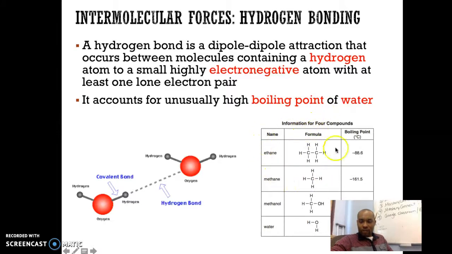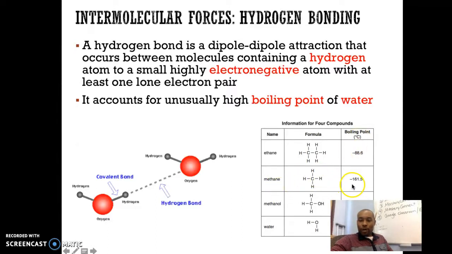And this is what this table down here is trying to demonstrate, that you have these four substances: ethane, and this is its structure, methane, that's the structure, methanol, its structure, and water. So if you look at ethane, it has a boiling point of negative 88.6 degrees Celsius, which is very low.